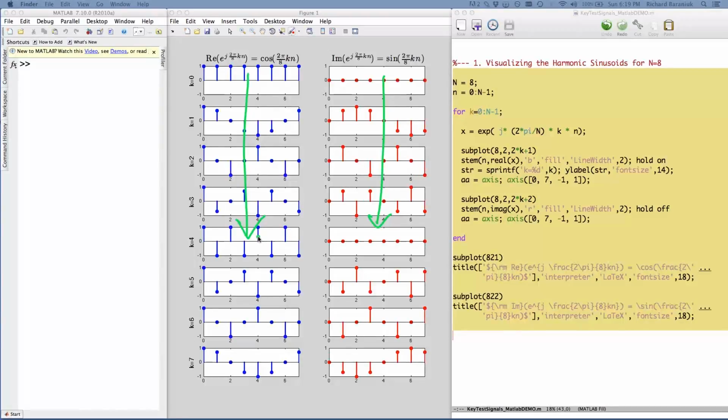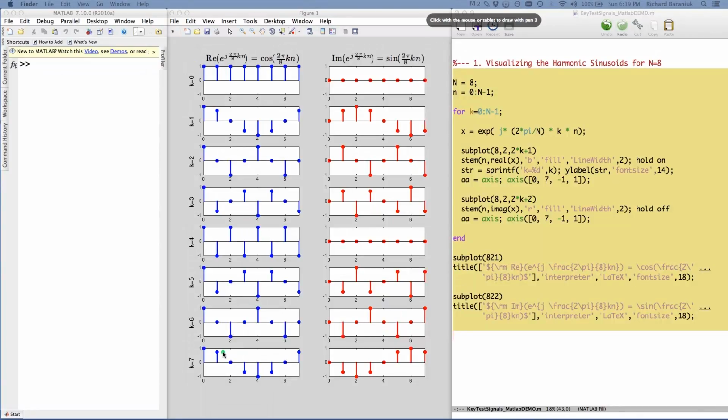But then a very curious thing happens. Once we go from 4 to 5 to 6 to 7, the oscillation frequency actually decreases rather than increases. Here we have 3 oscillations, 2 oscillations, and 1 oscillation.